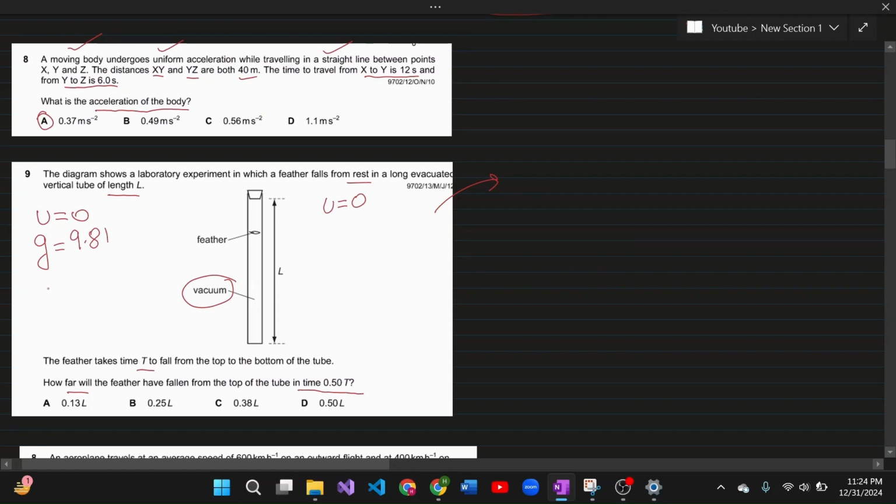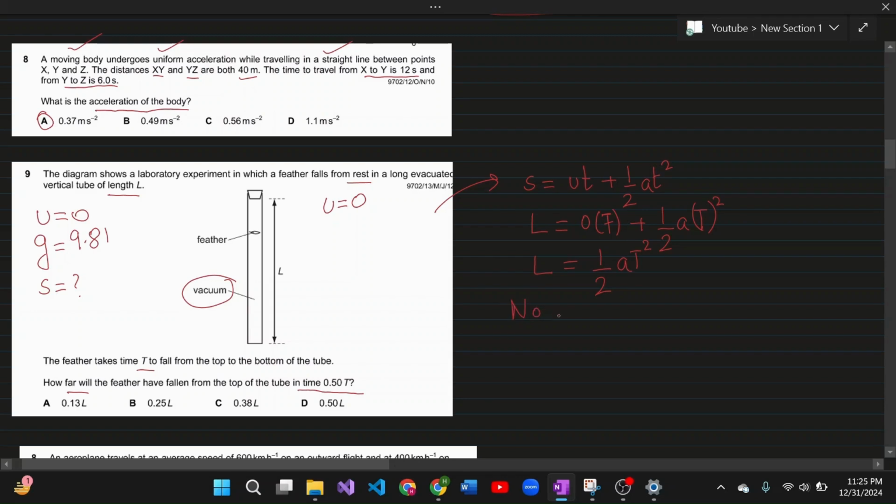And we need to find distance, so we can use s is equal to ut plus half at square. s is L here, u is 0, and half a T capital T square. It does not matter which we use because it will become the same. You are only left with half a T square.